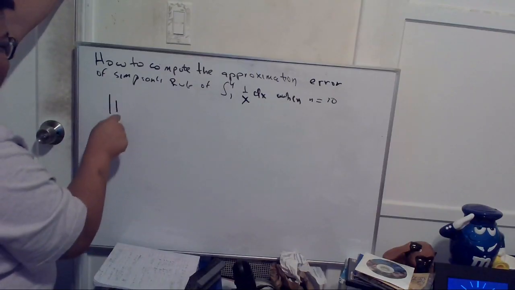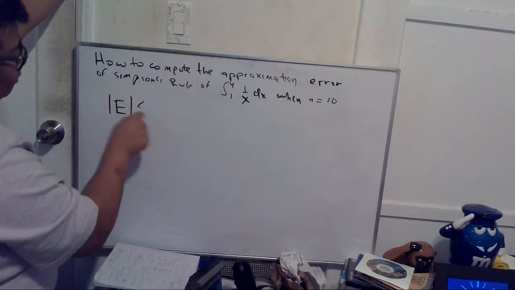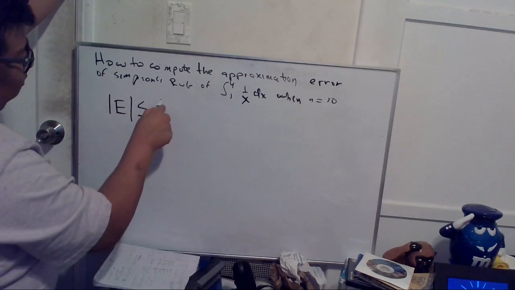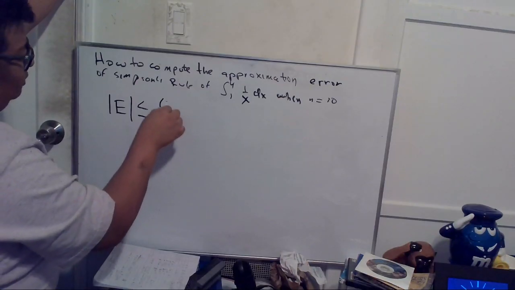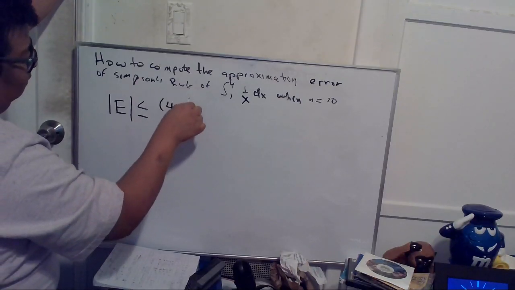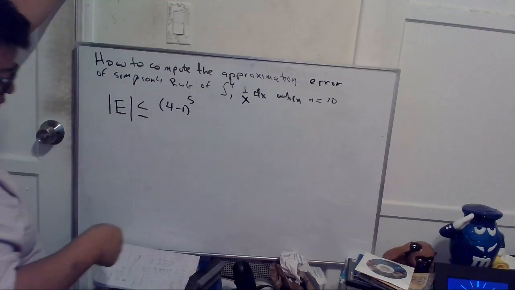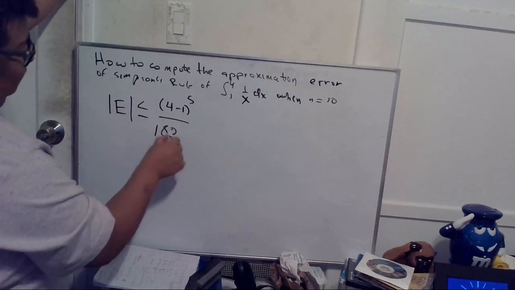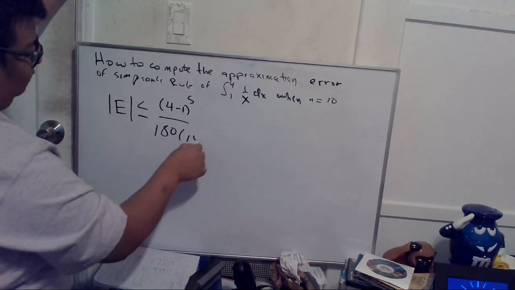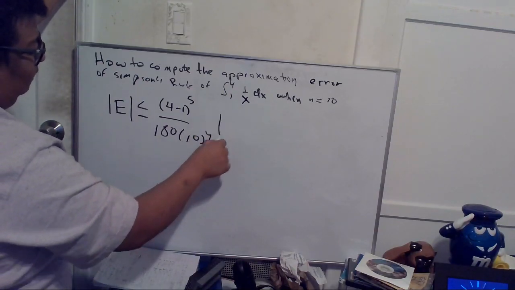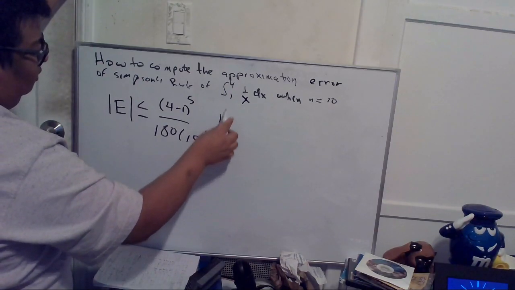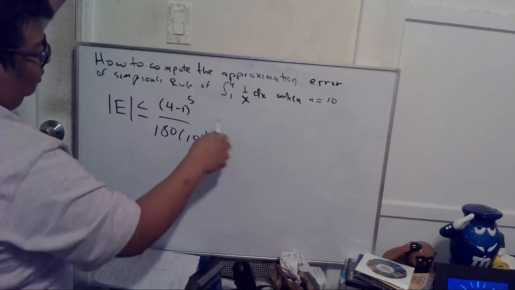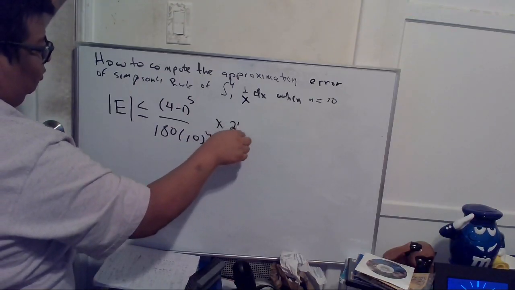So the error is going to be computed as follows. It's less than or equal to (4 minus 1) to the 5th over 180, and n is equal to 10, so that's 10 to the 4th, times the maximum, which is 24.